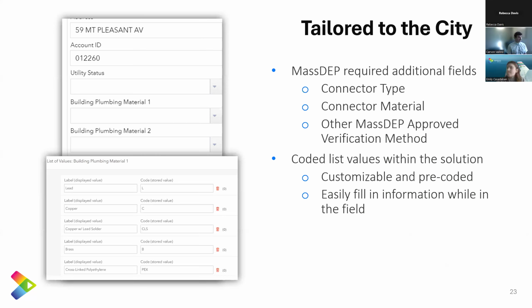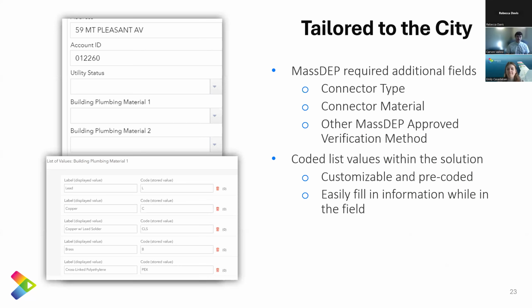And one thing I'd really like to highlight here, which is a real strength and kind of this idea of being geo forward and being very mindful of having all this stuff in place, is that as you can see here, some of the required fields were the connector type and connector material. When we stood up this original lead line solution, it was under the lead and copper rule revisions from 2021, which did not require the monitoring and inventorying of the connectors of these water systems.